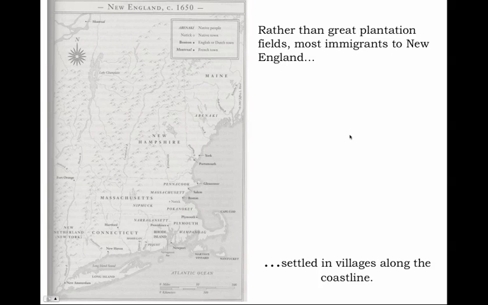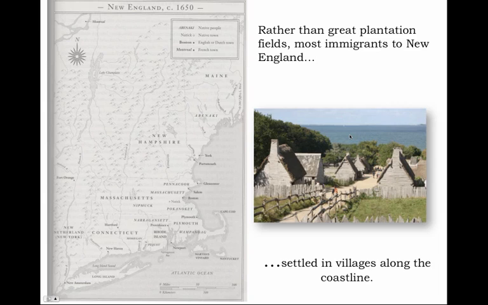That is, most immigrants to New England settled in villages along the coastline, beginning with Plymouth, and then along the coastline of New England, a succession of towns and villages that over time, some would grow large as merchant ports such as Boston. Some of them stay relatively small, like Salem.